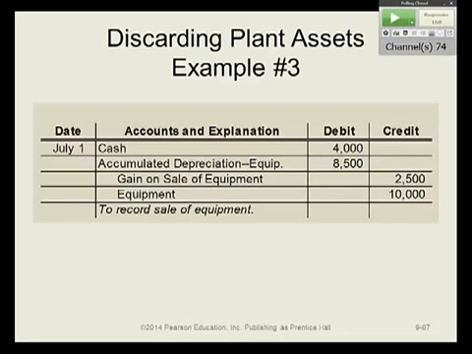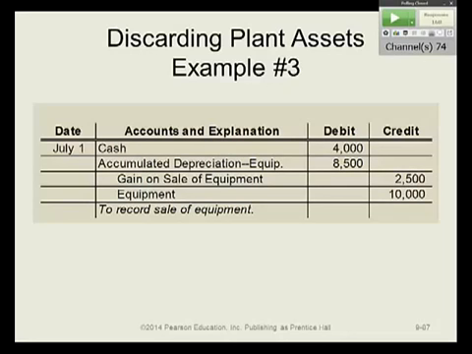Yeah, question. What kind of account is loss on disposal? Loss on disposal is a type of, if you remember, we looked at expenses in general, and we said that you had expenses and losses, and when we look at revenues in general, we have revenues and gains. The gains and losses come from peripheral activities, activities outside your normal course of business.